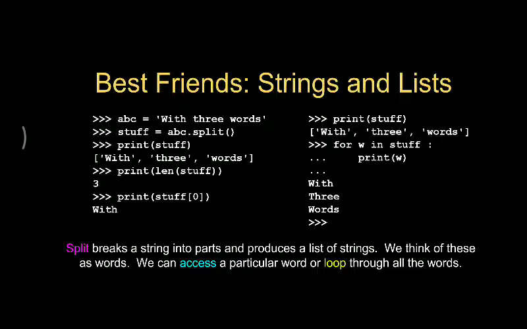This is how we can trace the sentences, and we can separate the words from string with the help of list. Split breaks a string into parts and produces a list of strings. We think of these as words. We can access a particular word or loop through all the words.